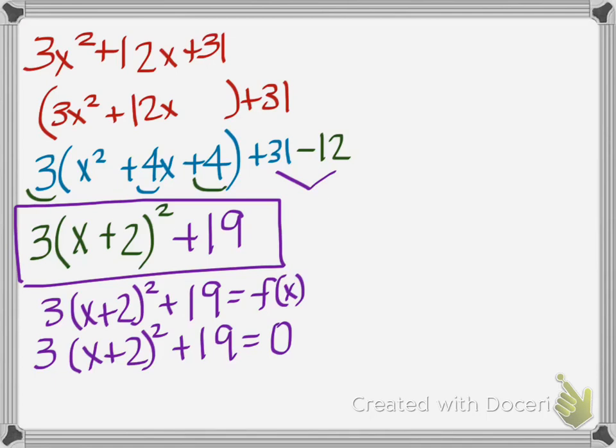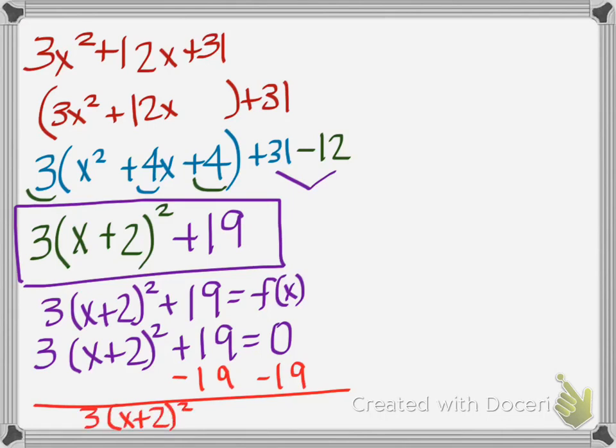All right, so now what we're going to do is get rid of this constant. To get rid of the constant, we're going to subtract 19 from both sides. When we subtract 19 from both sides, we're left with 3 times x plus 2 quantity squared equals negative 19. Now we're going to get rid of this 3 times that quantity squared.